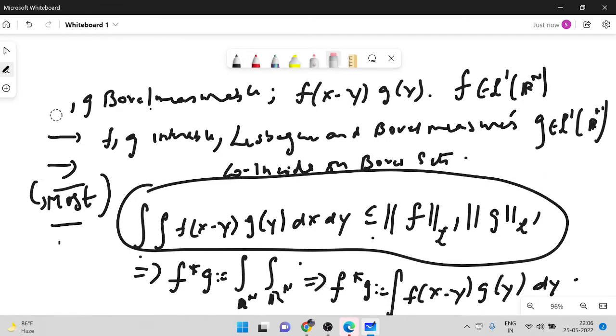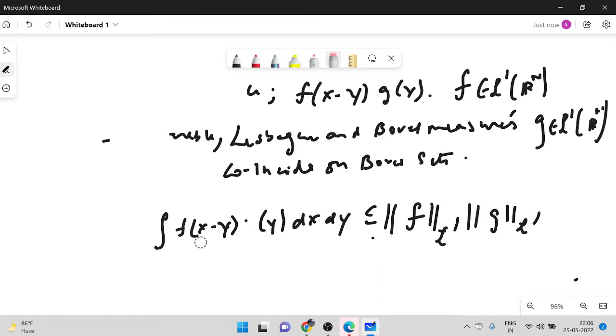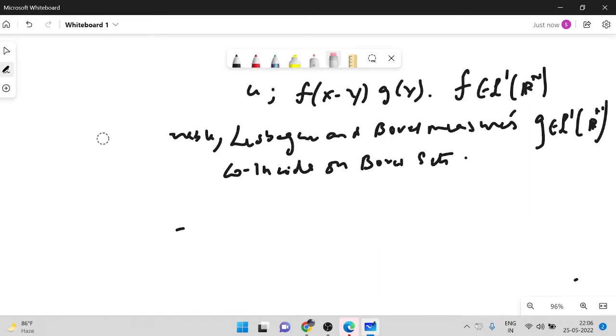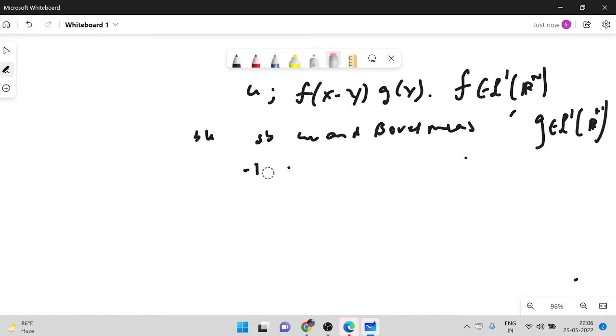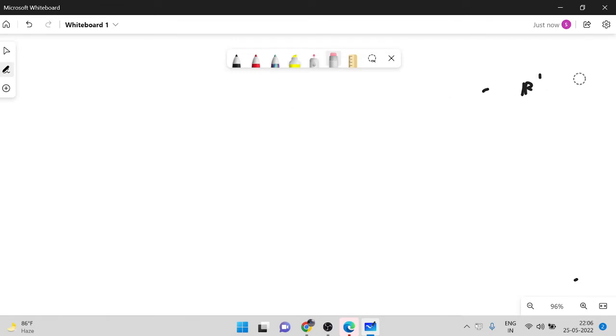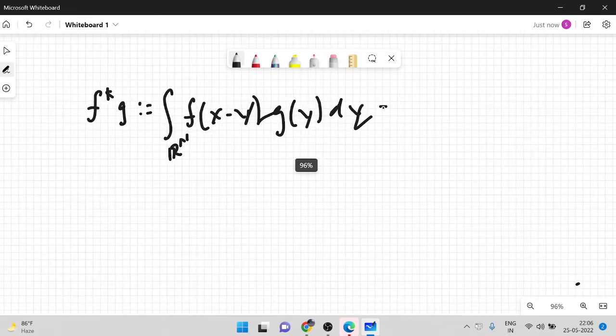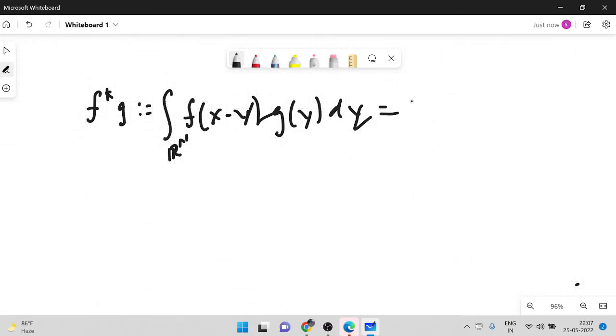So now we come to the definition of what convolution means. Convolution of functions, not integrals. So f star g equals the integral over Rn of f of x minus y, g of y dy, which is basically a function of x, h of x.